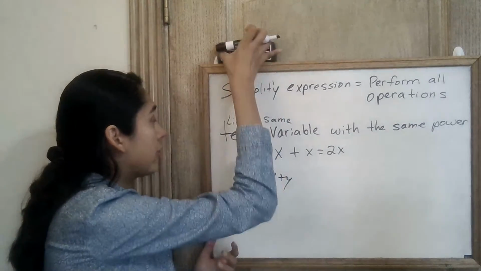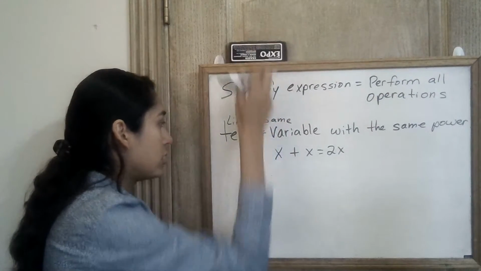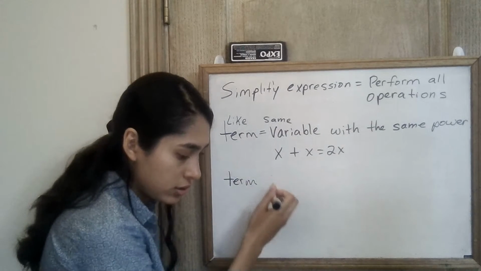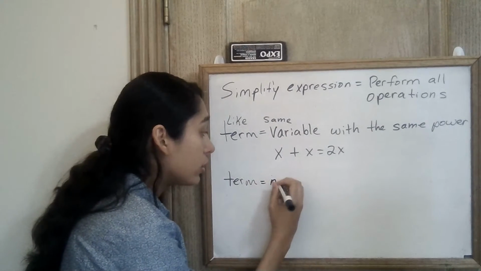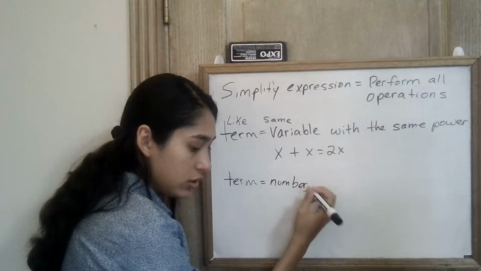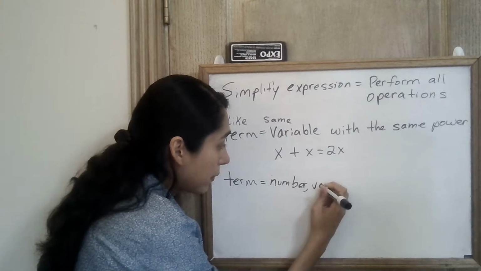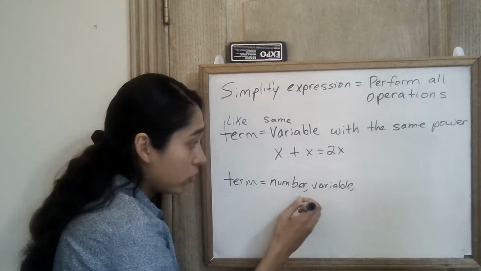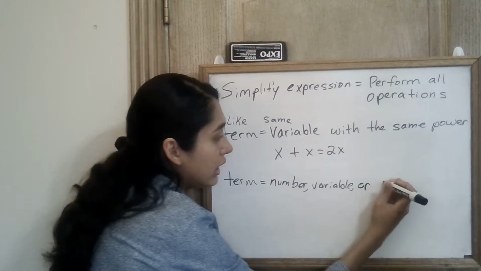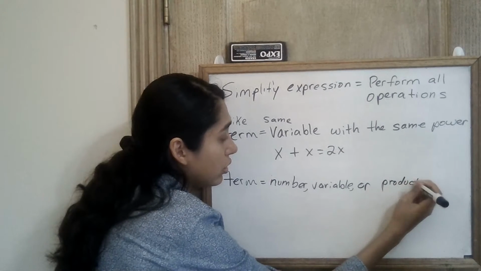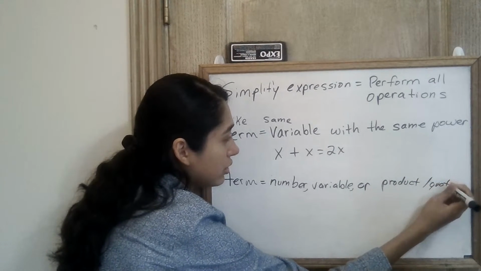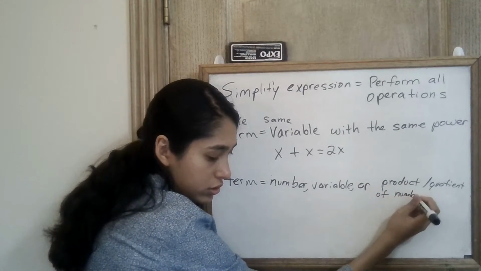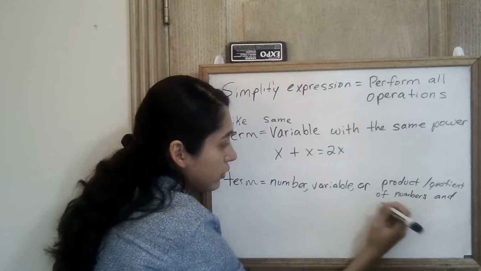And just to further drive home what term means, a term is basically anything in the expression. It can mean a number, or a variable, or even the product or quotient of numbers and variables.